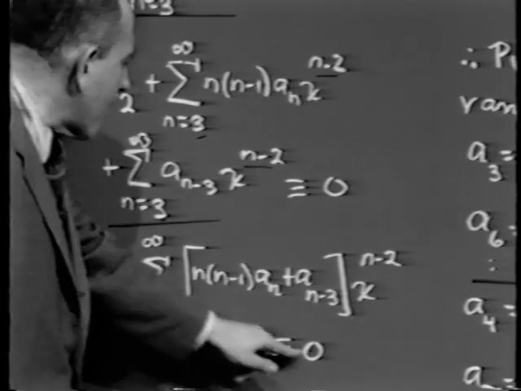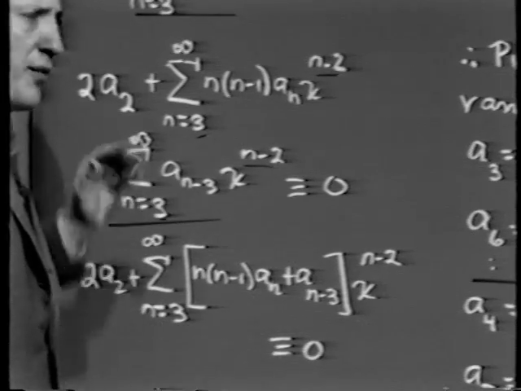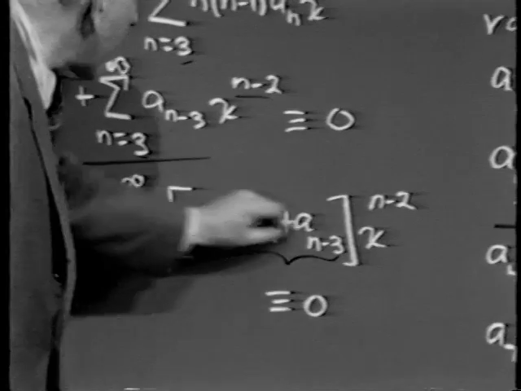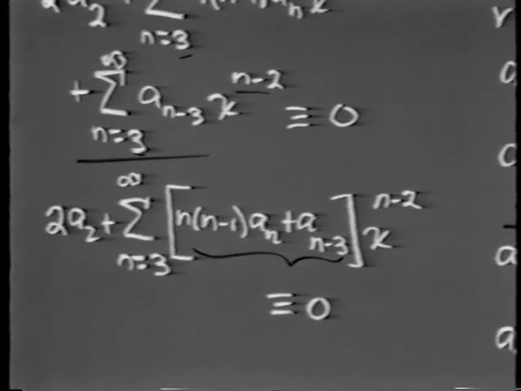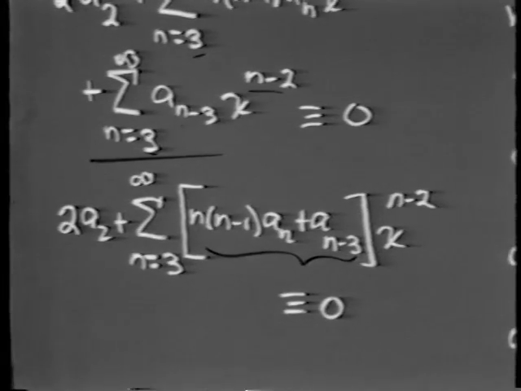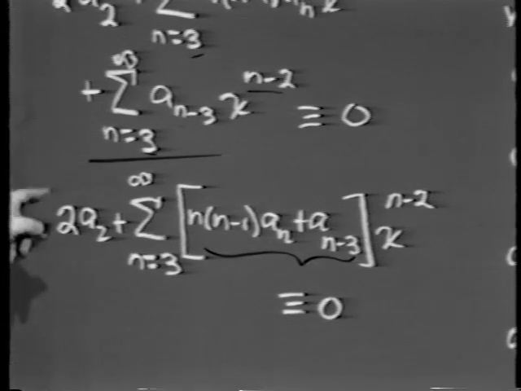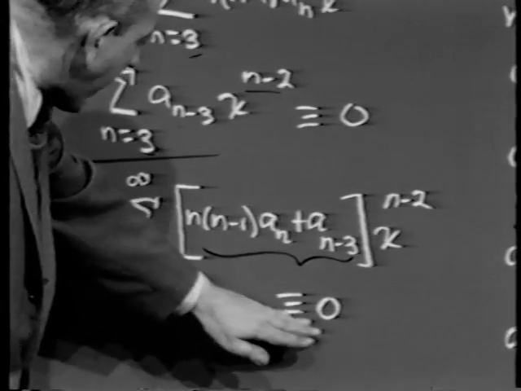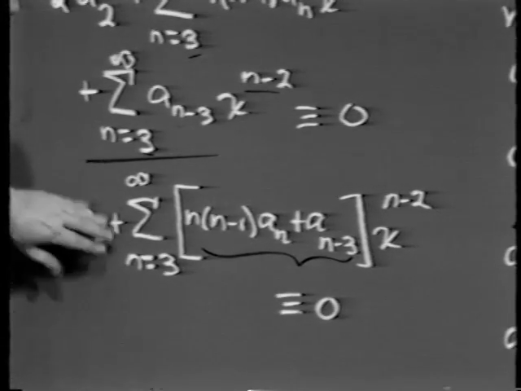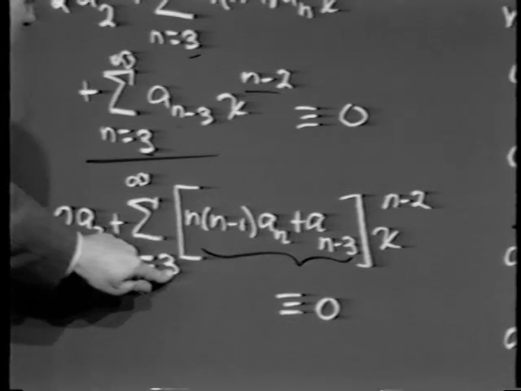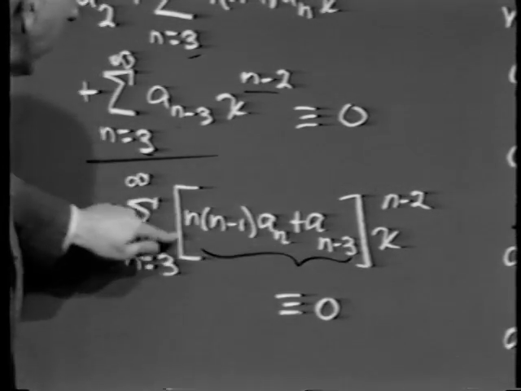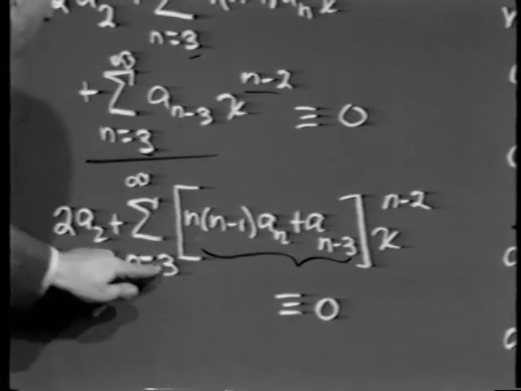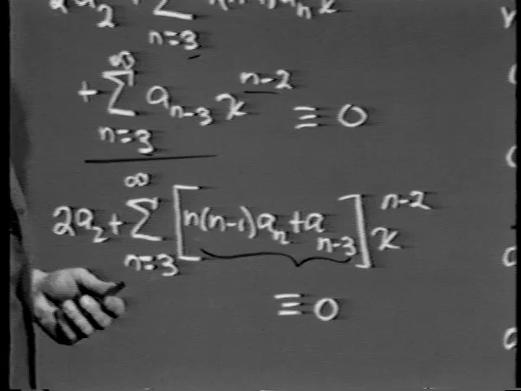Since my power series to be identically 0 must have all of its coefficients identically 0, it means that not only must each of these be 0, but 2a2, which is my constant term on the left-hand side, must also be 0. So to summarize, for this to be identically 0, a2 must be 0, and once n is at least as big as 3, this condition here must be obeyed. What condition? That the expression in brackets must be 0 for each n once n is at least as big as 3.